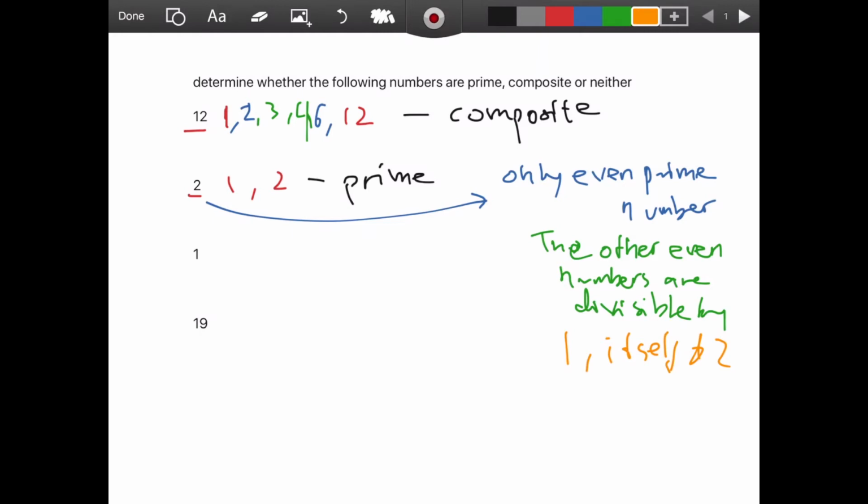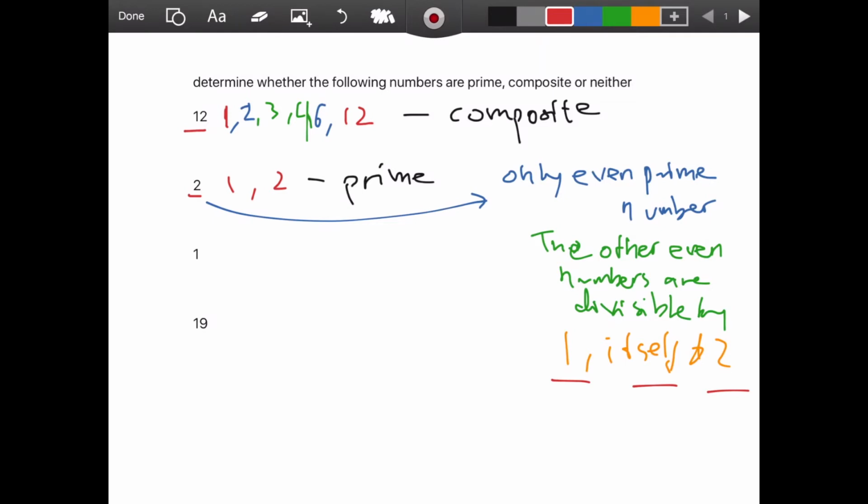So we see over here there are at least 3 factors for other even numbers other than 2. So that means the other even numbers, they are not prime numbers, they are composite numbers. So 2 is the only even prime number.